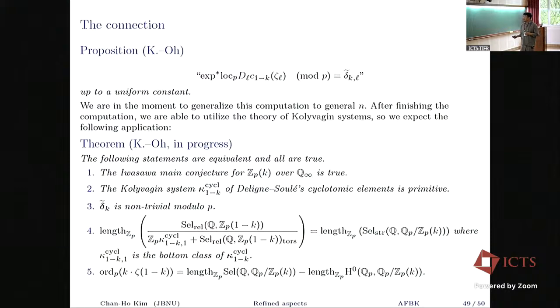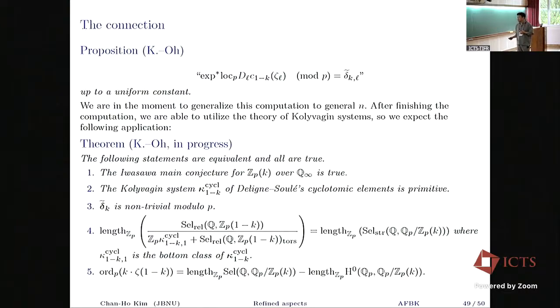And this Bloch-Kato conjecture, a kind of Bloch-Kato conjecture without the L function, is true, which counts the size of the strict Selmer groups of Q_p/Z_p twisted by K, captured by the bottom class of this Kolyvagin system.